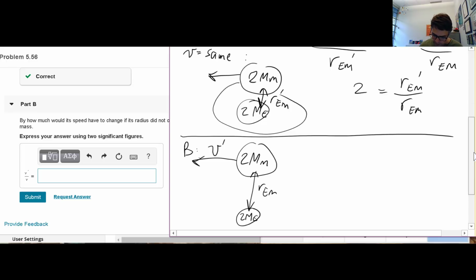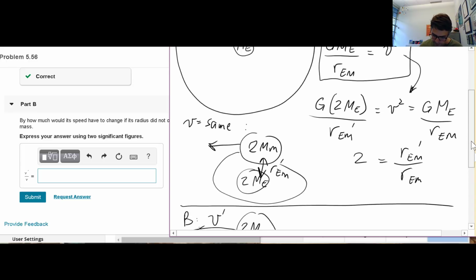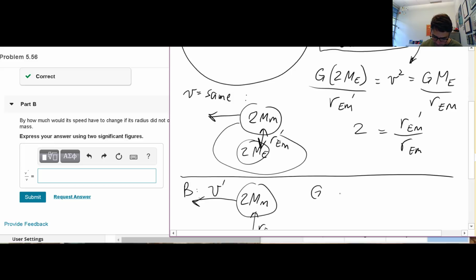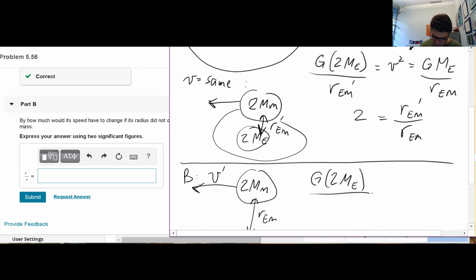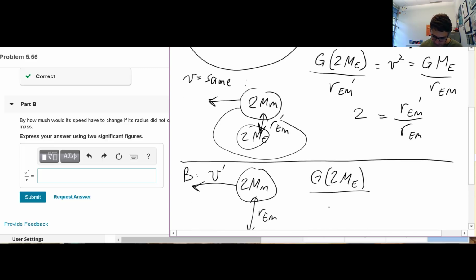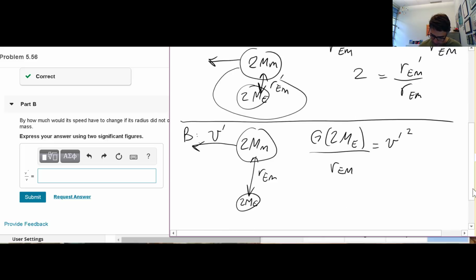So what you'll have in this case is g times 2 mass of the Earth, looking at this equation in the square, divided by REM, so that's now the same, is equal to v prime squared. Okay, so we're going to need to solve this one out for what's the same.